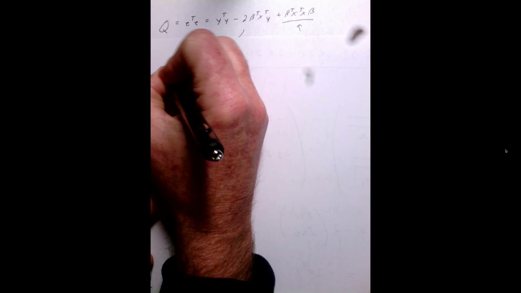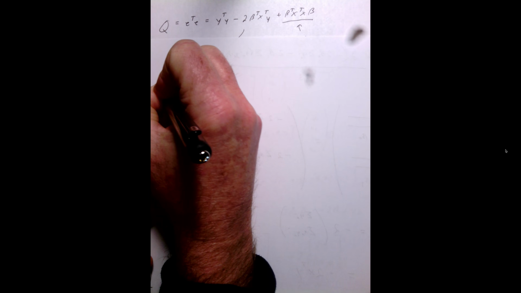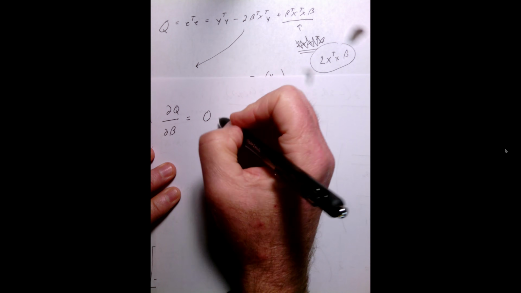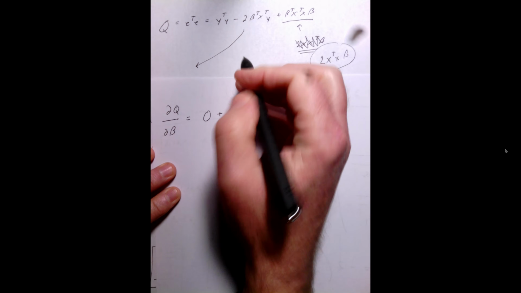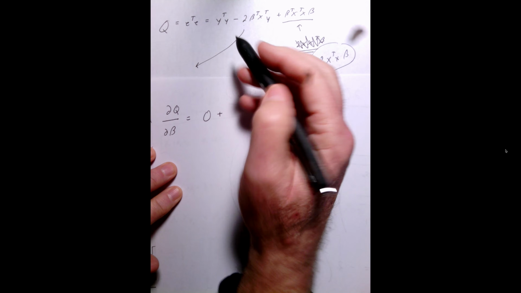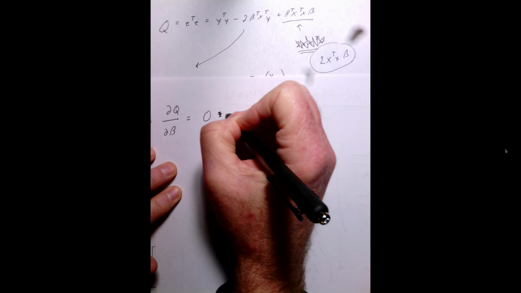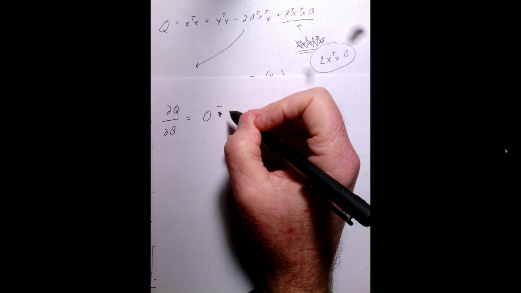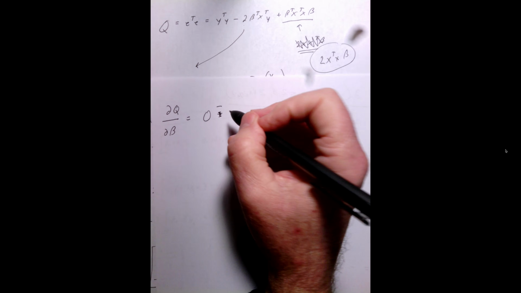So we know that the partial of Q with respect to beta, this term right here is equal to 0. The partial with respect to beta here is, as we just saw, negative 2 X transpose Y.